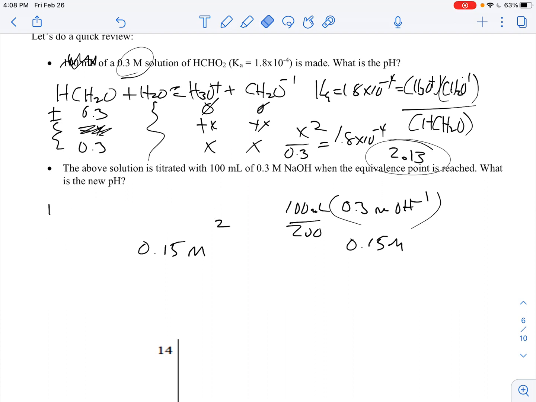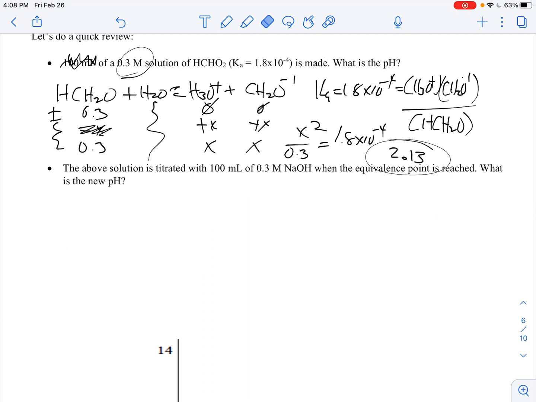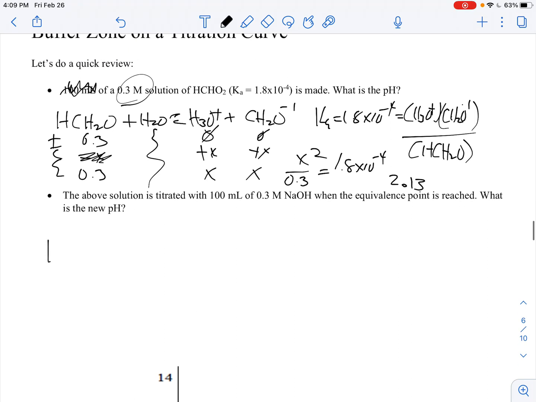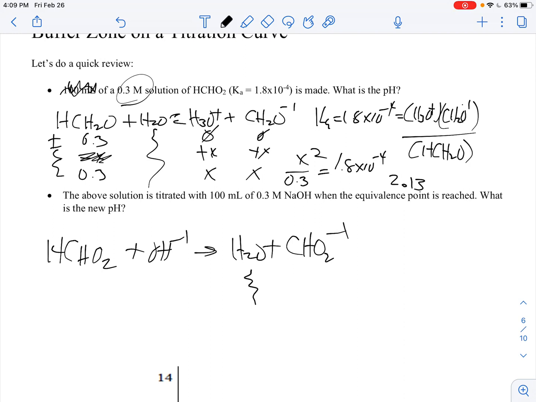Now, if we examine this as presented, it becomes problematic, because as presented, this is HCHO2 plus OH negative comes over here to form water plus CHO2 negative. Water is on the products side.